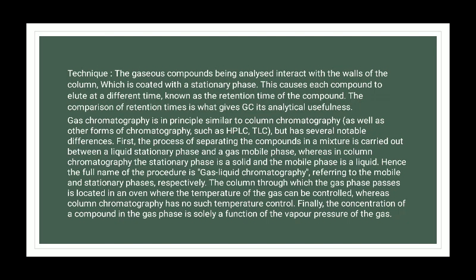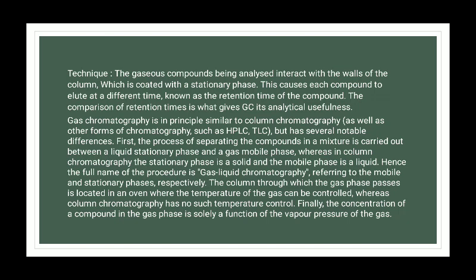differences. First, the process of the separation. The compound in a mixture is carried out between liquid stationary phase and gas mobile phase. Whereas in column chromatography, the stationary phase is a solid and mobile phase is a liquid. Hence, the full name of the procedure, gas liquid chromatography, referring to the mobile and stationary phases respectively.